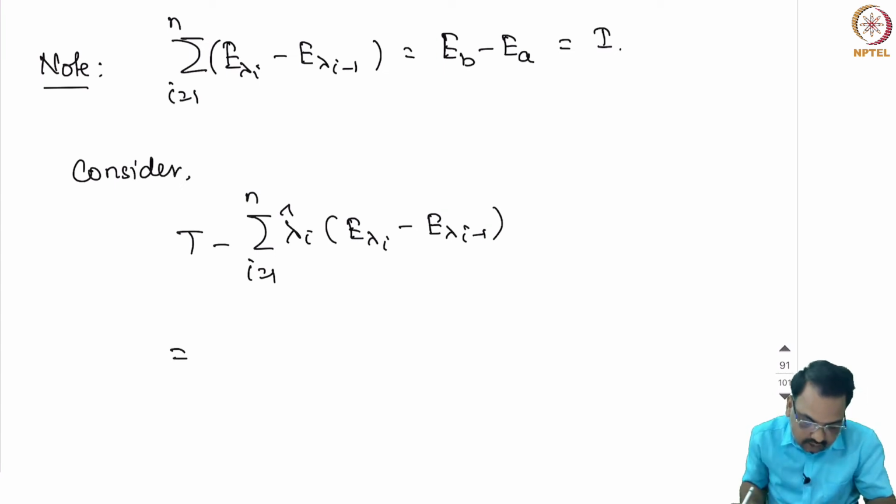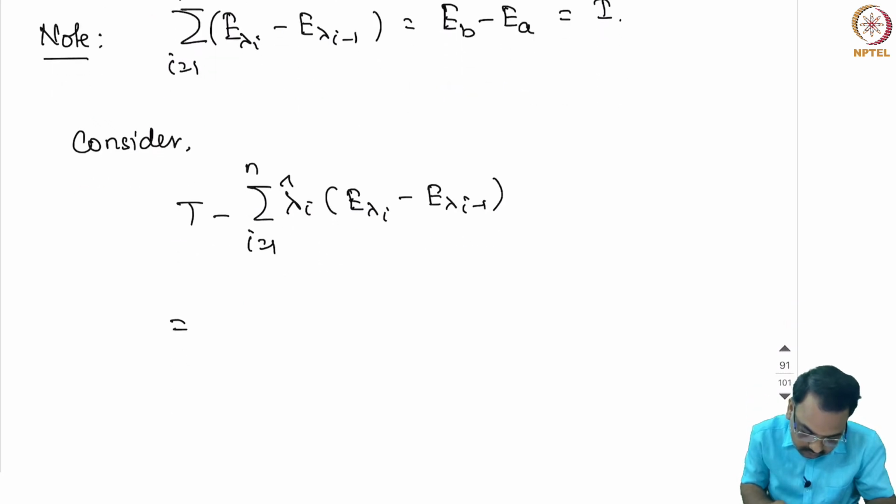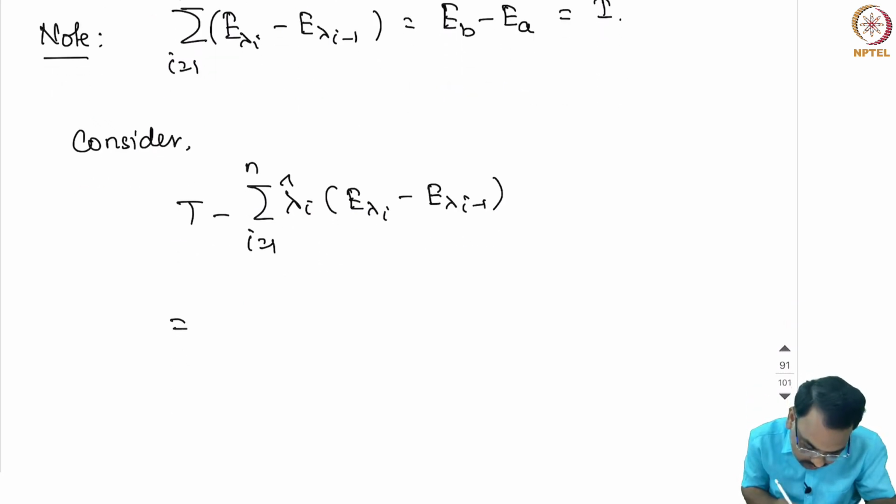This is nothing but T times summation i equal to 1 to n of E lambda i minus E lambda i minus 1.